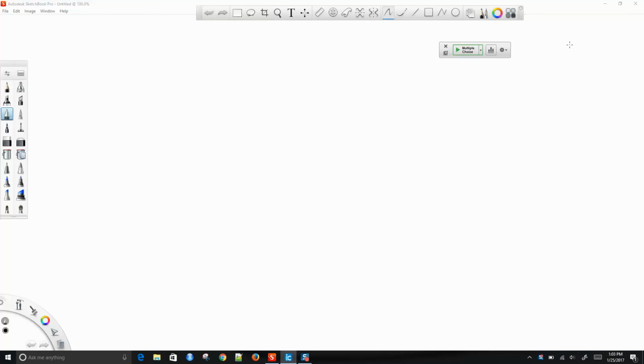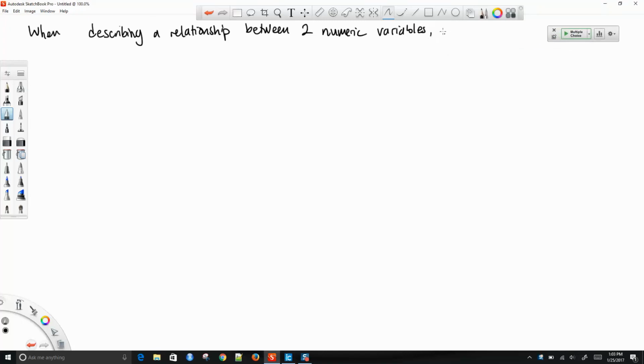We said when describing a relationship between two numeric variables, we want to describe the shape.